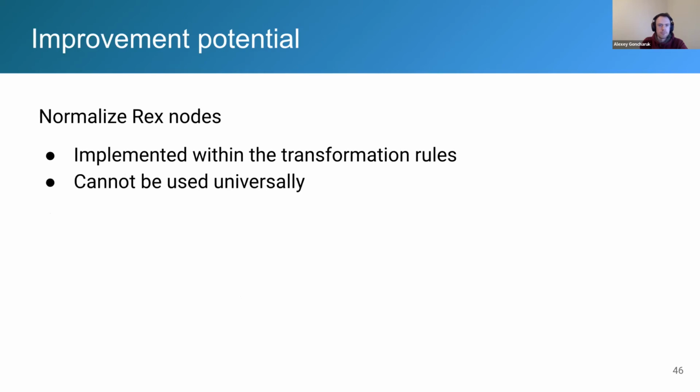And the way we try to simulate that is to essentially plug this normalization into custom transformation rules, because now that we have custom join nodes, you also should have custom commute and associate rules. So yeah, plugging these normalizations into rules themselves is not a universal solution.